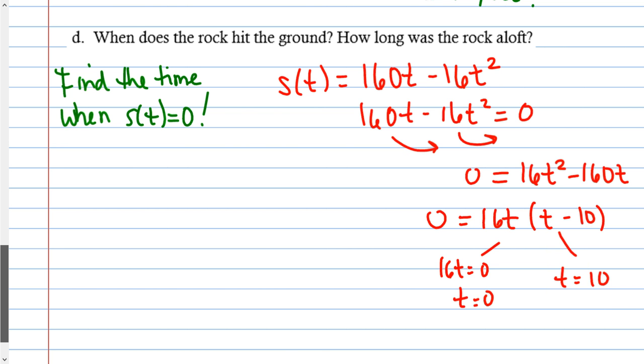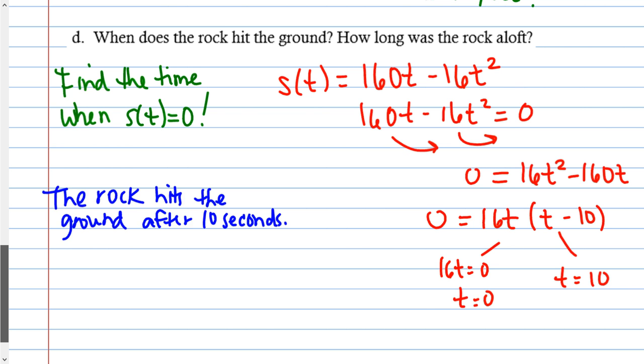Now I'm left with answering, when does the rock hit the ground? Well, the rock hits the ground after 10 seconds. So I wrote that out. How long was the rock aloft? If you didn't know what aloft means, that just means up in the air.